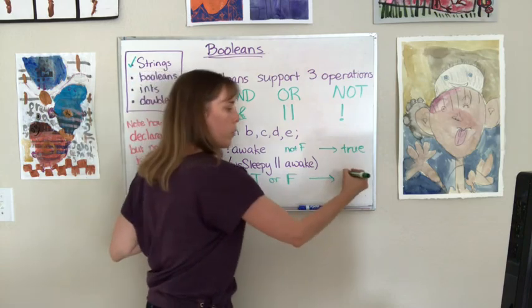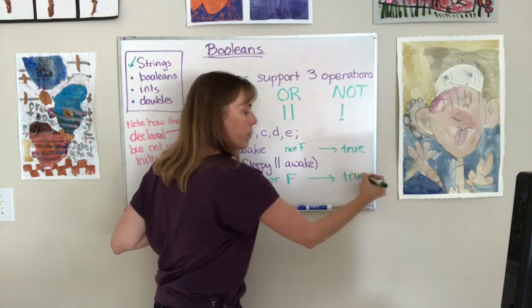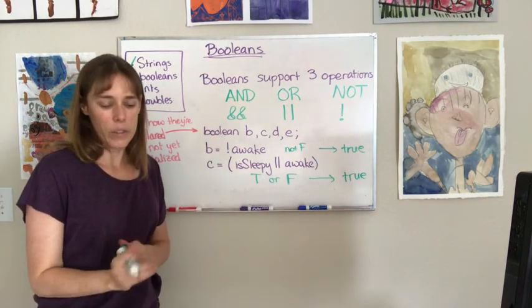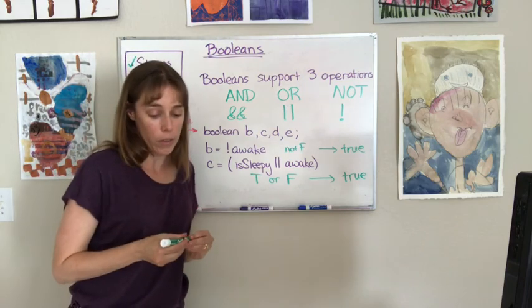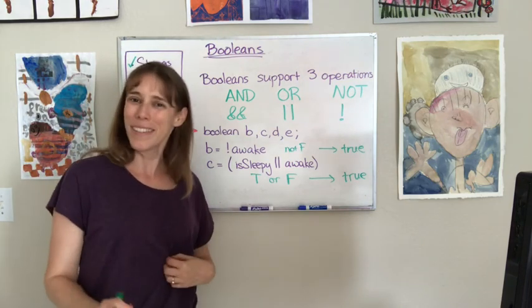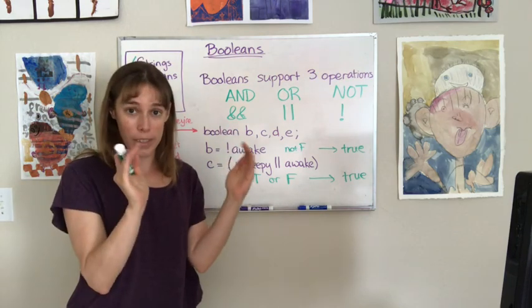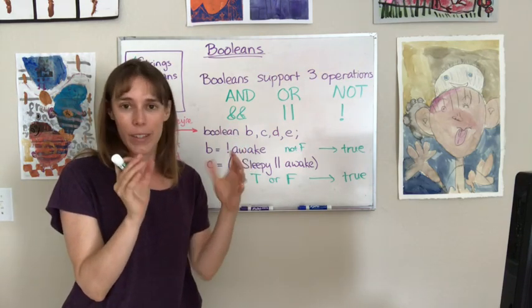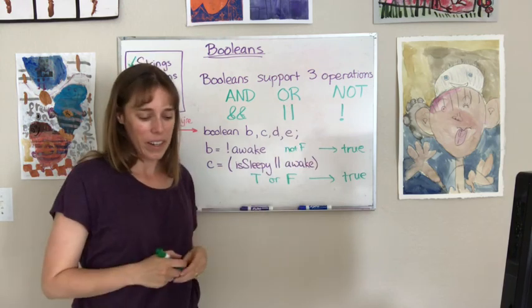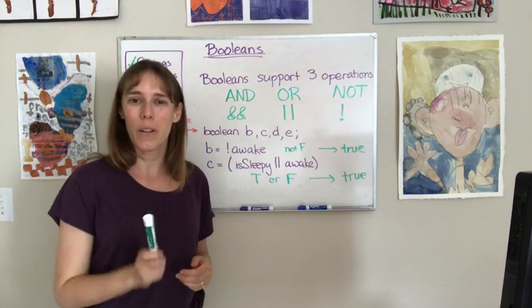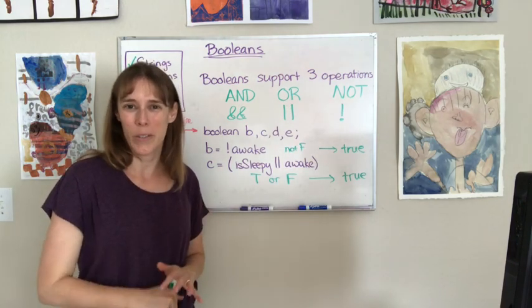One of them's true. It works out to a true. All right? I'm going to let you try the next two yourself. Remember, order of operations from math, it still holds in computer science. So you do inside the parentheses first, PEMDAS, and then you do the next pieces. All right? So you're going to try D and E on your own, and we're going to check it in class and make sure you've got it. All right?